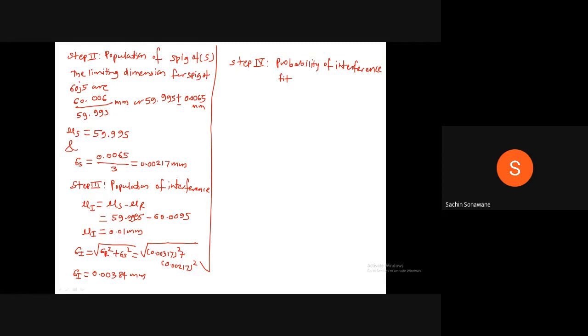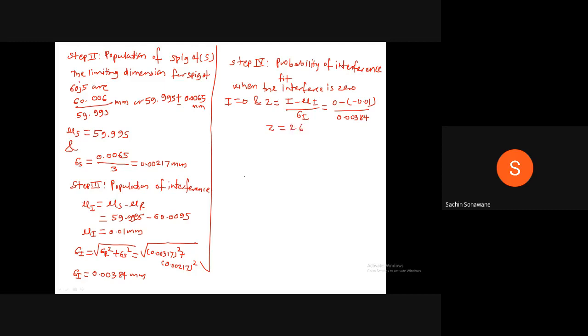Therefore, we write down when the interference is zero, that is I is equal to 0 and Z is equal to I minus mu I divided by sigma I, which is equal to 0 minus of minus 0.01 divided by 0.00384. Therefore, Z is equal to 2.6.